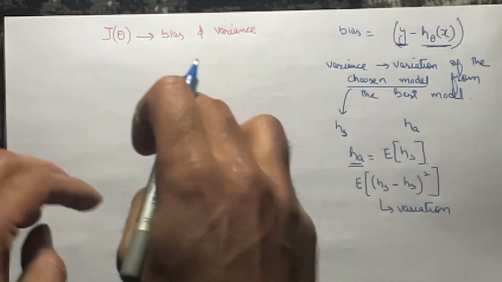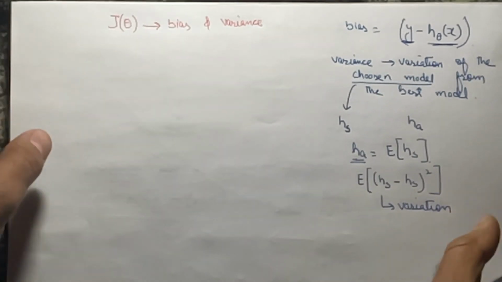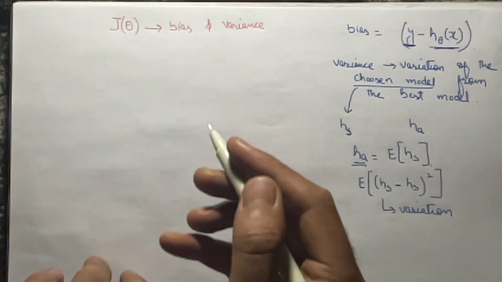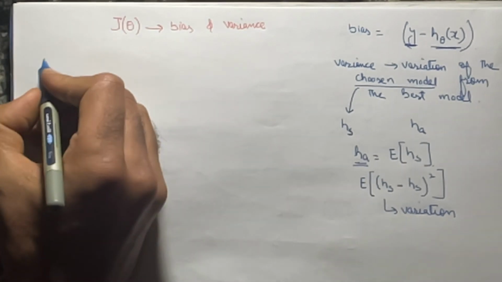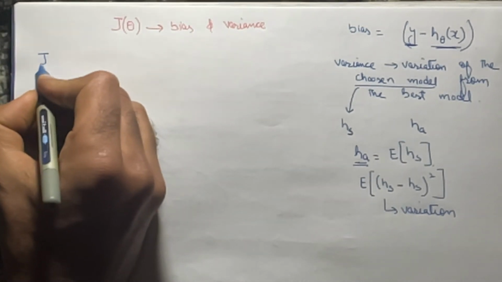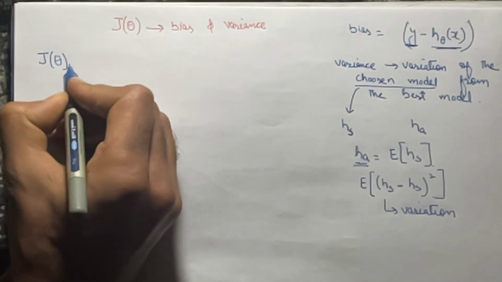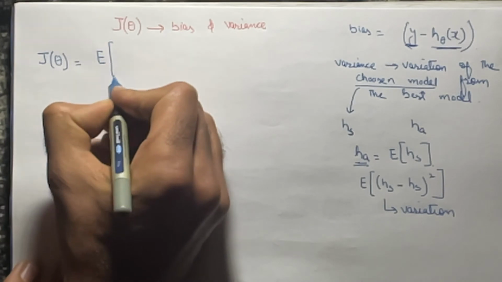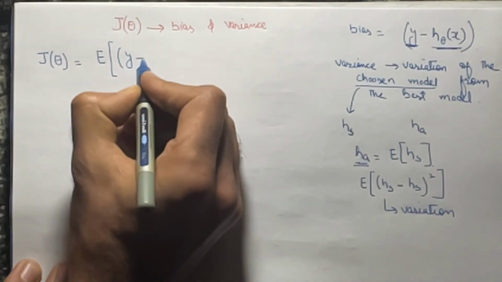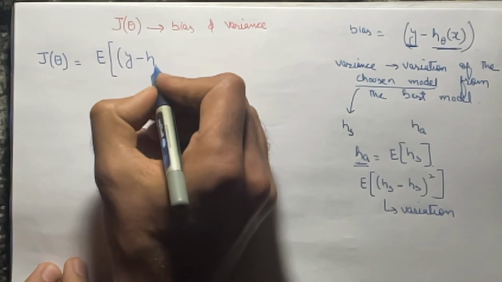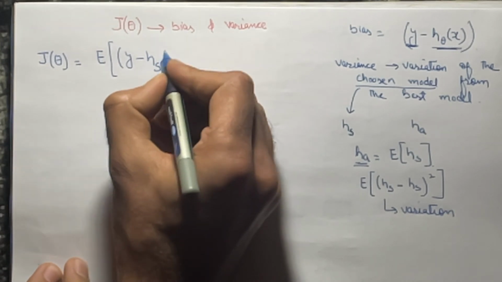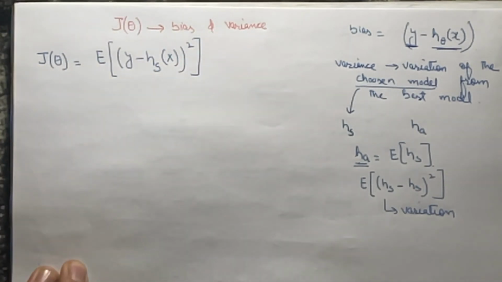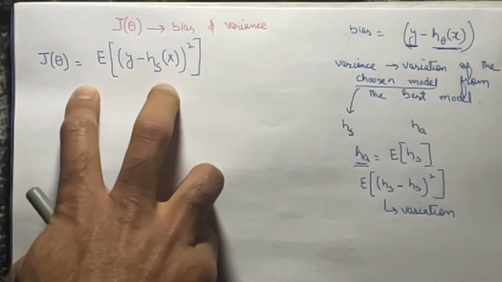We will discuss this again. If you are not able to understand here, I will show it. So what is our j theta? We already know that j theta is equal to the expected value of y minus hs x whole square. Have we discussed anywhere that j theta is like this?